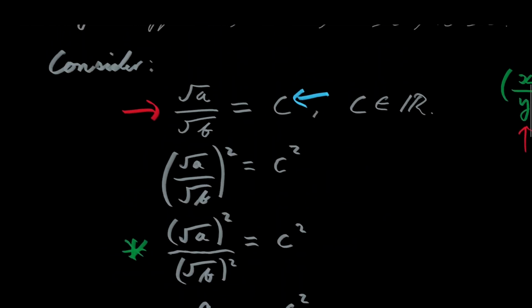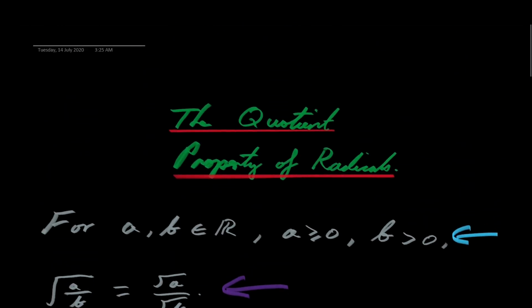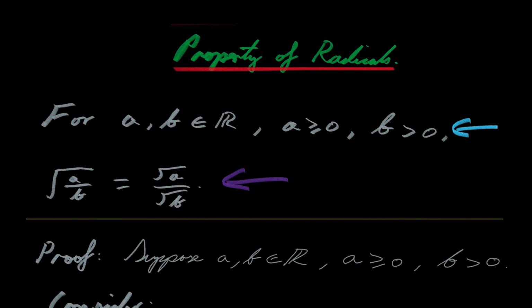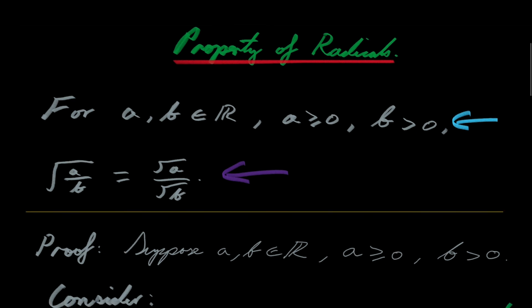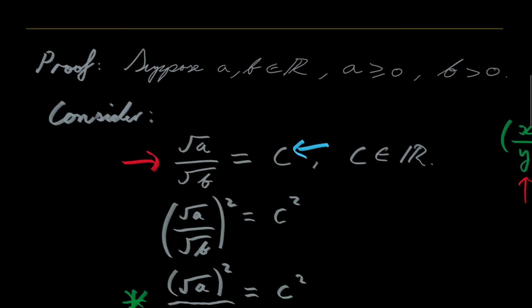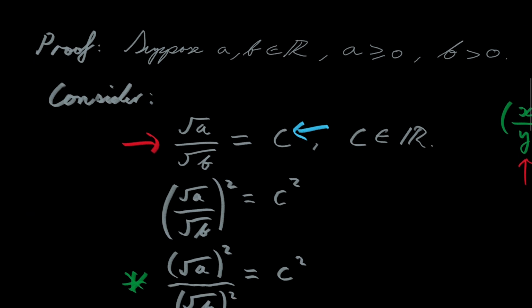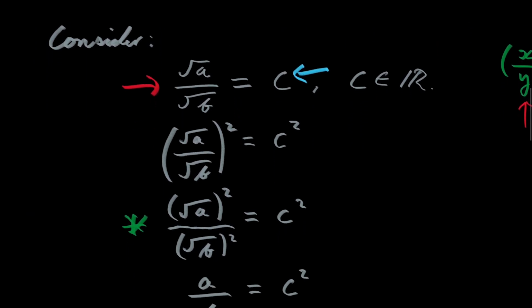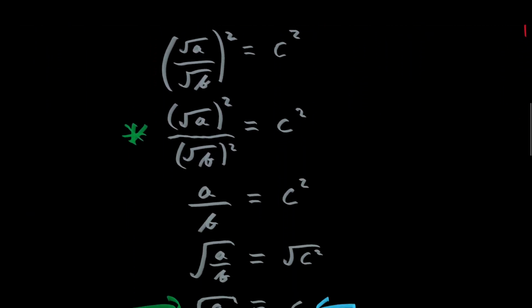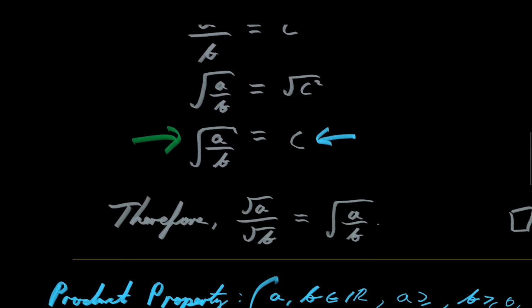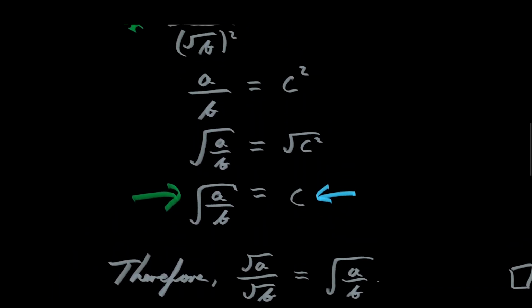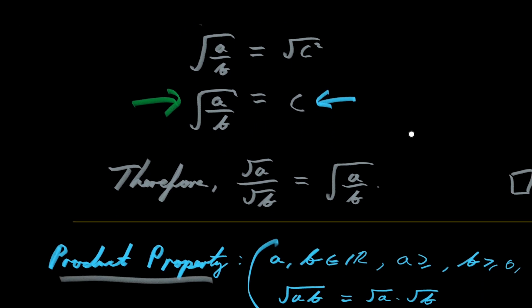Just to recap what we did. We stated the quotient property of radicals, and we observed that it bears a striking similarity to the product property of radicals. Then we proved it. We did 2 proofs. The first proof was quite a mechanical brute force algebraic proof of really just crunching the algebra, and it was quite structurally similar to the proof for the product property of radicals, which I did in the previous video.